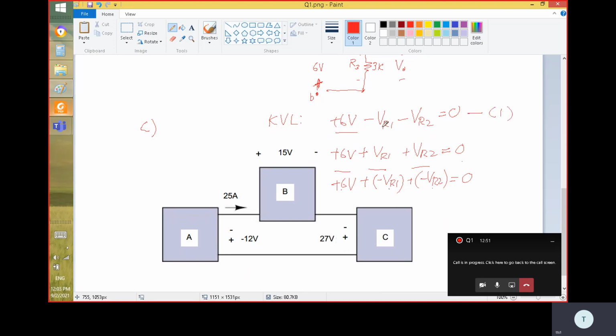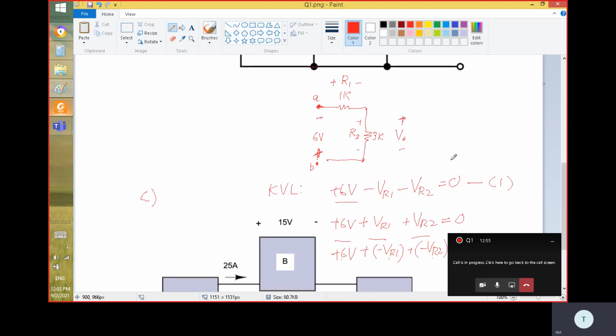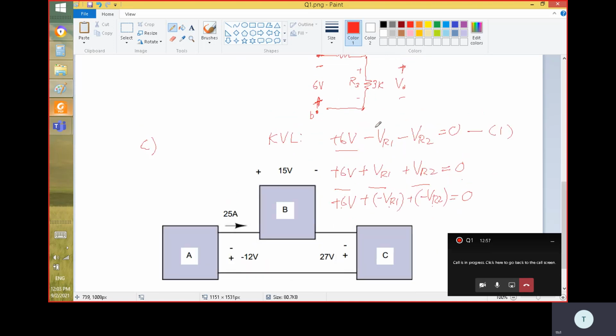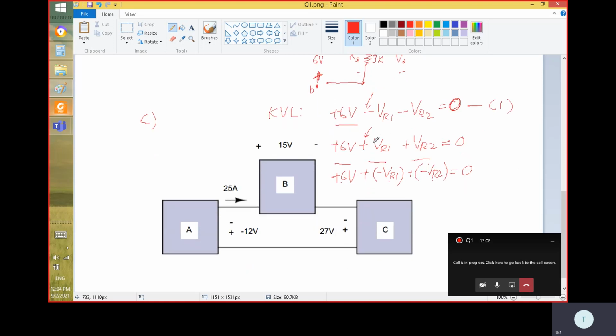Plus 6 minus R1 or plus 6 plus, depends on whichever method you want. You want to start with the negative or start with the positive. At the end, you must get the 0. So you need to figure out what is the real value here, so that this value plus this value will get the 0.